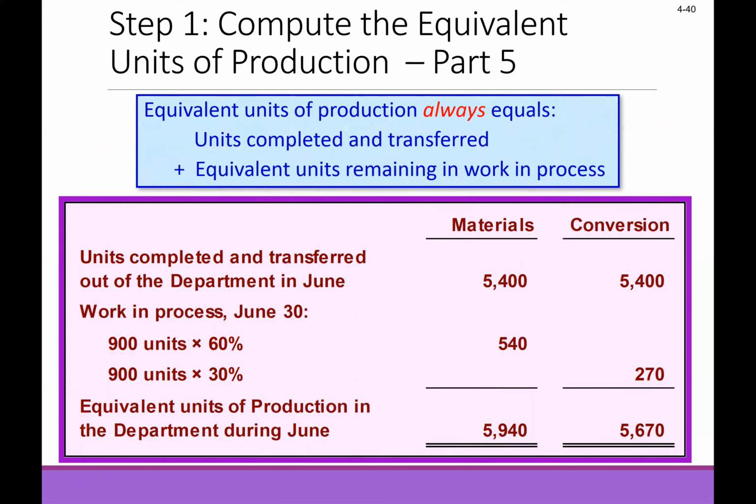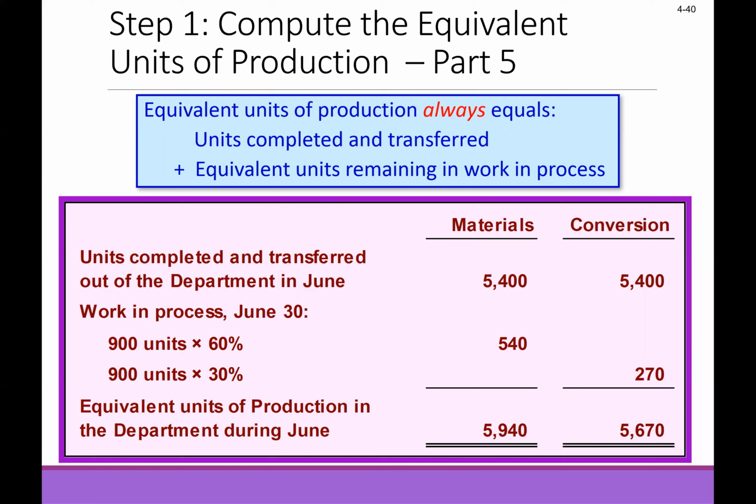Equivalent units of production will always equal the units completed and transferred plus the units remaining in work in process.